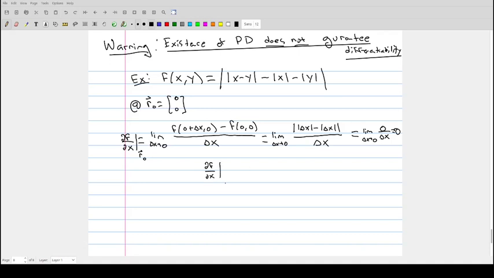So the partial derivative exists for this function, and at the point 0, 0, it's equal to 0. A similar calculation for the y partial derivative at this point shows that the y partial derivative also exists at the origin and is also equal to 0.